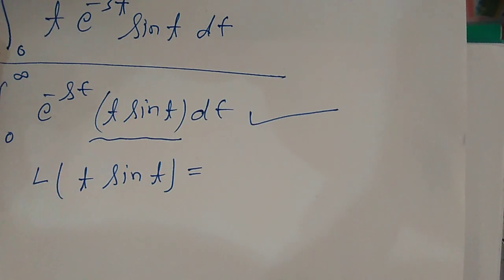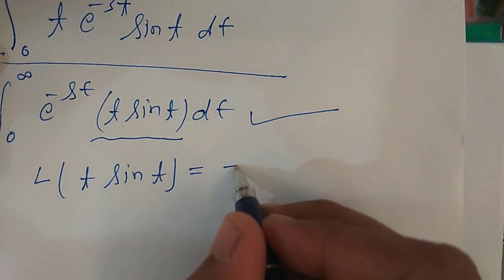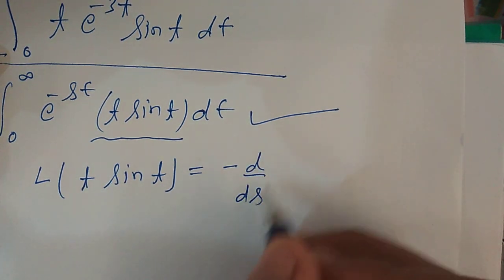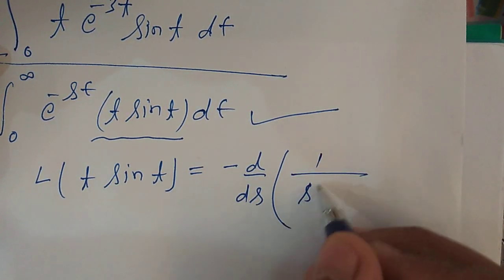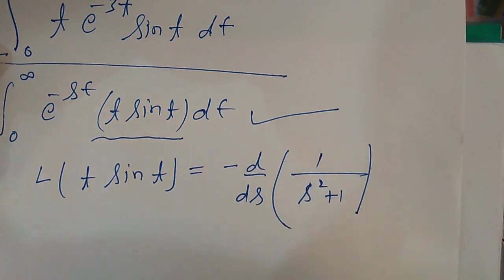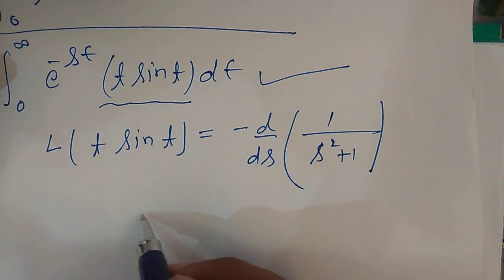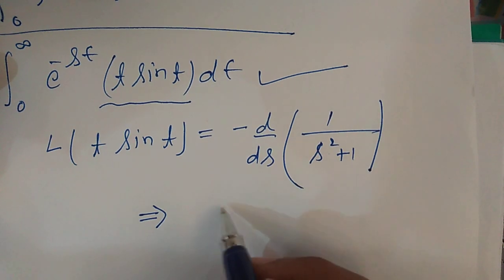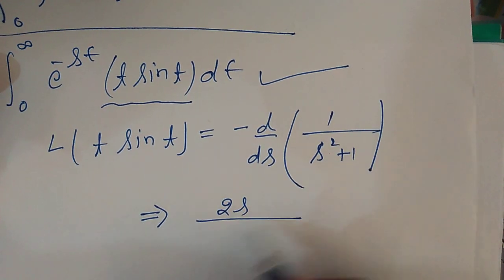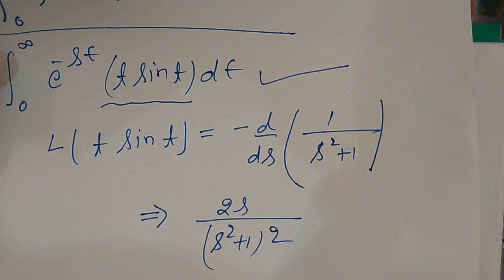So Laplace of t sin t will be minus d by ds of 1 upon s square plus 1. Here n equal to 1. So we can differentiate, and we get 2s by s square plus 1 whole square.